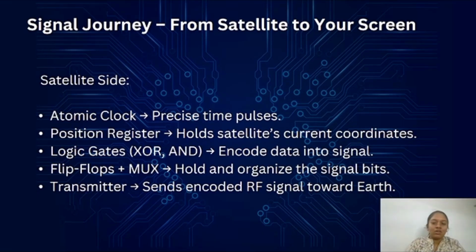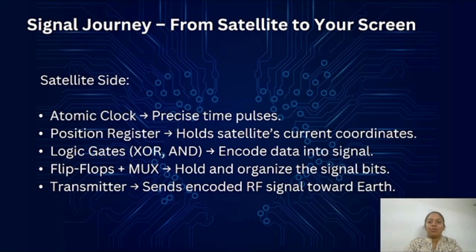Then the position register holds the satellite's current coordinates. Then logic gates encode the data into a signal. Then flip-flops plus a multiplexer hold and organize the signal bits. And last from the satellite side is a transmitter that sends the encoded RF signal towards the earth.